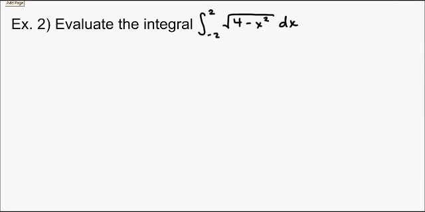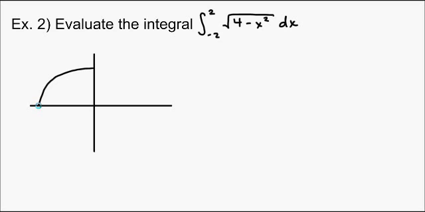Example 2, evaluate the integral from -2 to 2 of the square root of 4 minus x squared dx. So this graph, if we were to graph it, and you could use your calculator to do that, is actually a semicircle. Let's see how good of a job I can do drawing a semicircle. Not terrible. So it is a semicircle, and it goes from -2 to 2.